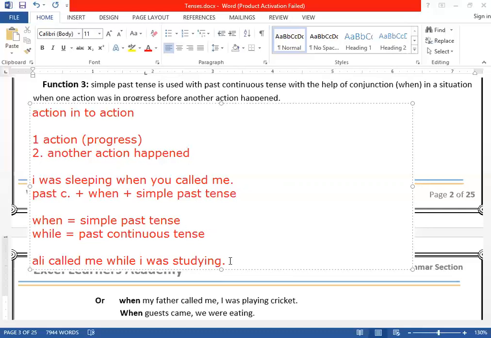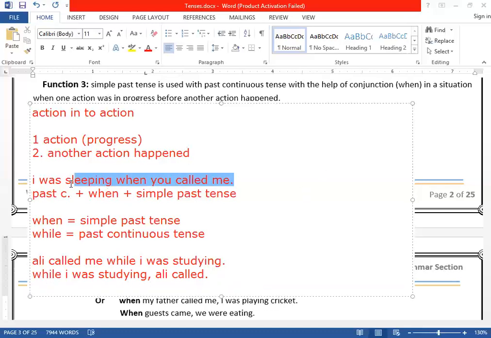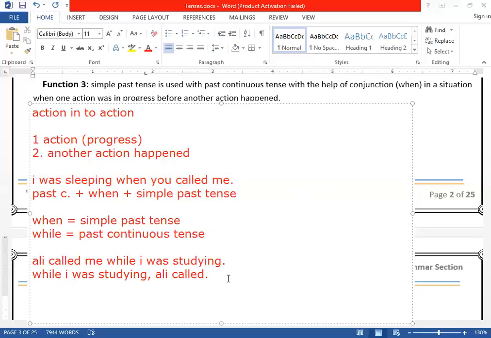Remember ये जुमले आप इस तरह भी लिख सकते हैं, इस तरीके से, for example as I said, ये जुमला आप लिख सकते हैं कि while I was studying, हाँ very good, then we will put comma, clear, Ali called me, very good, so it will help you in your writing task. और जैसे यहाँ पे ये जुमला है I was sleeping, अब ये भी इस तरीके से, मतलब you can do inversion, how can I write, when you called me, comma I was sleeping for example, ठीक है.